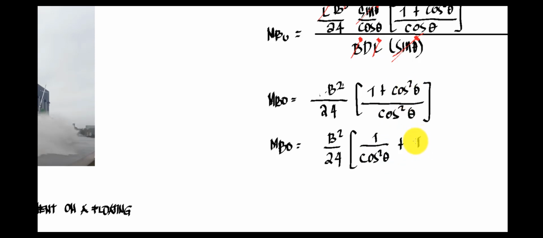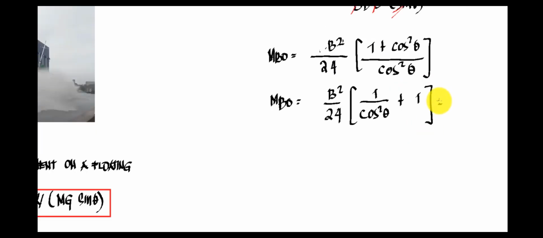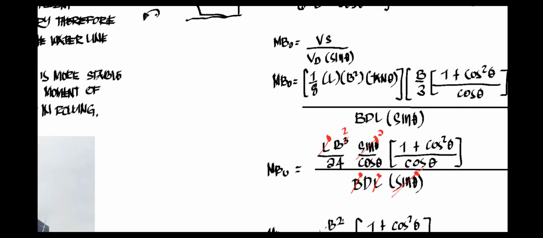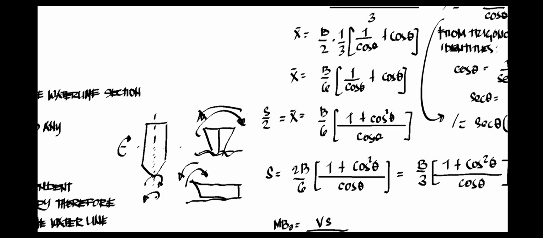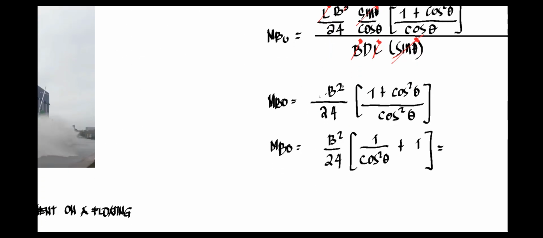Going back to trigonometric identities, 1 over cosine is equal to secant theta, so this can become b squared over 24 times secant squared theta plus 1.